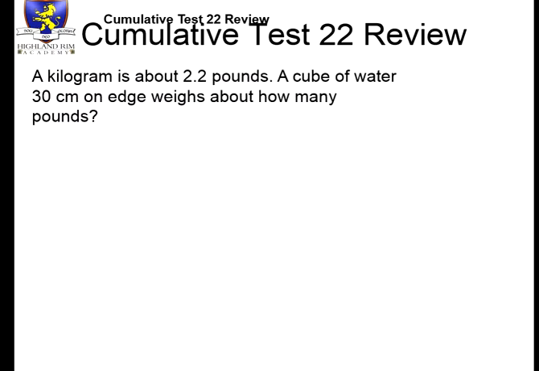Okay, now a kilogram is about 2.2 pounds. A cube of water that's 30 centimeters on edge can hold about how many pounds of water? So what do we have? We have 27 liters, right? Is equal to 27 kilograms.